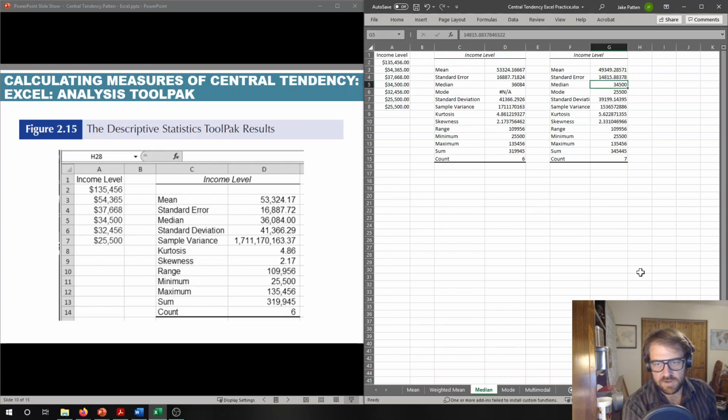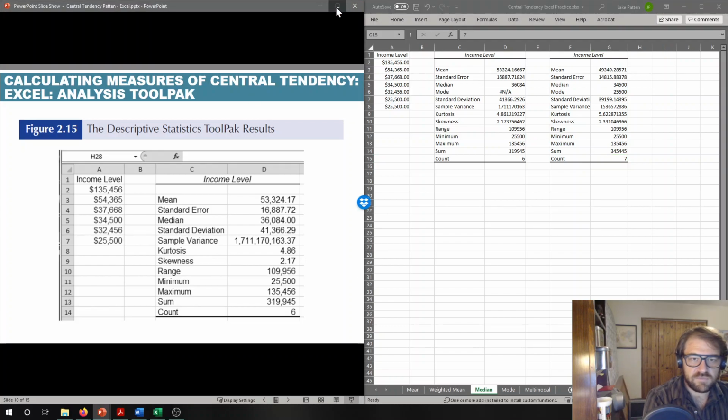Still not super representative. Our median is 34,000, better, and our mode is 25,500, which makes sense because we have two of those. If you don't have a mode, it doesn't show up. If you do, it does. And again, all these other things that we'll talk about later, and count, which is now 7 instead of 6. Okay.